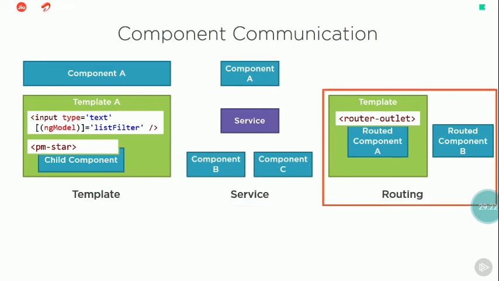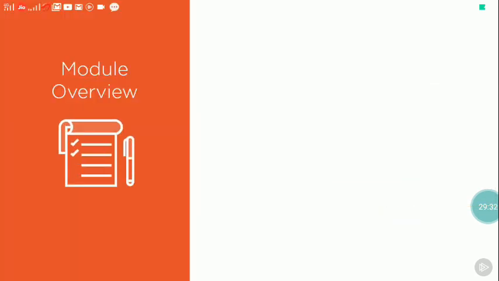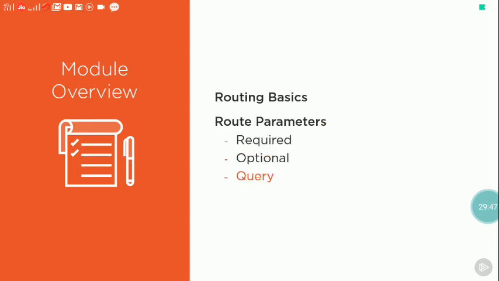But if we just want to pass a bit of data from one route to the next, the router provides an easy way to do that without the need for a service. In this module, we start with a quick review of routing basics. Then we take a high-level look at passing data to a routed component using several kinds of route parameters: required, optional, and query parameters. Let's get started.